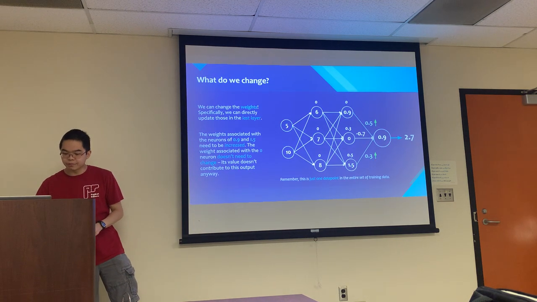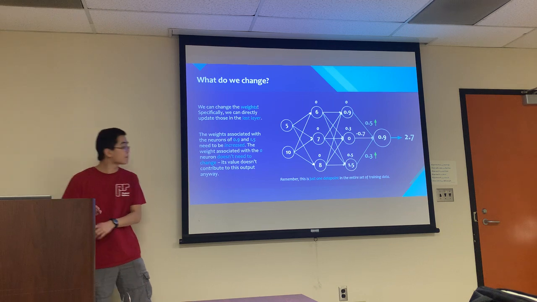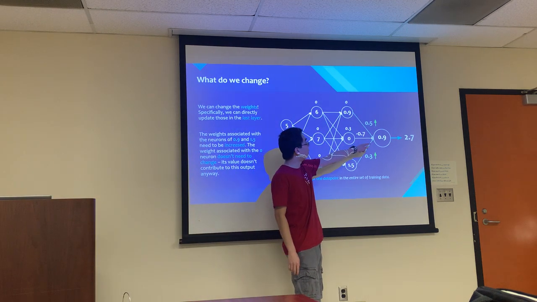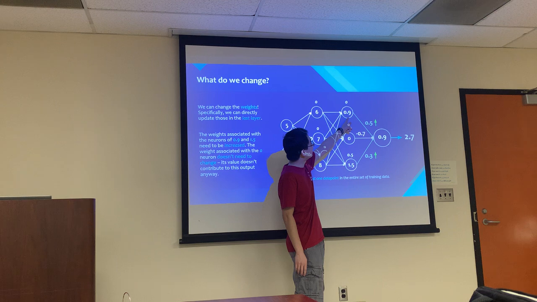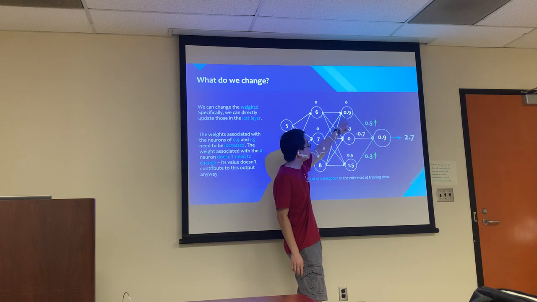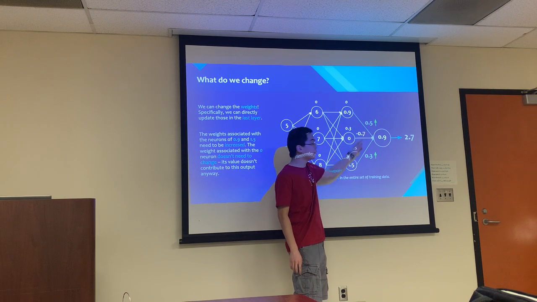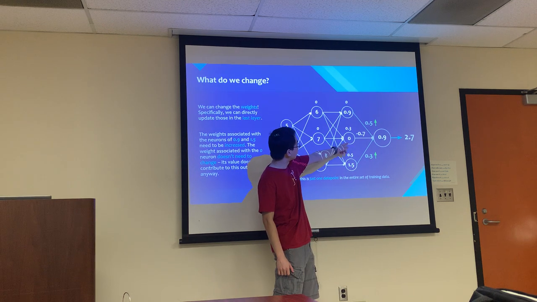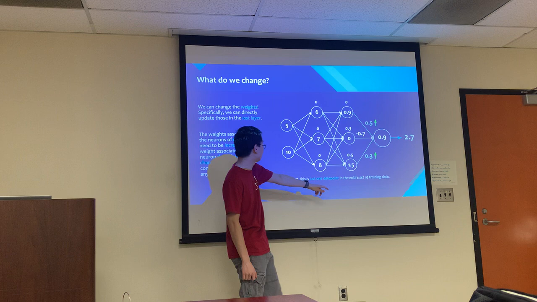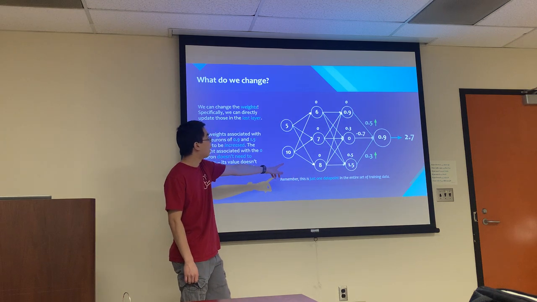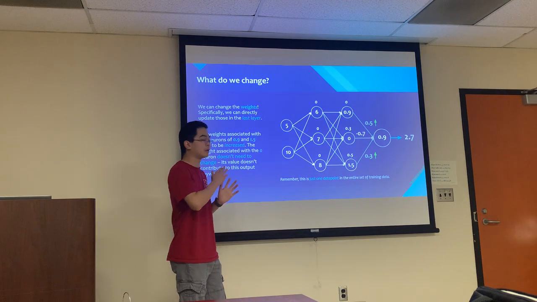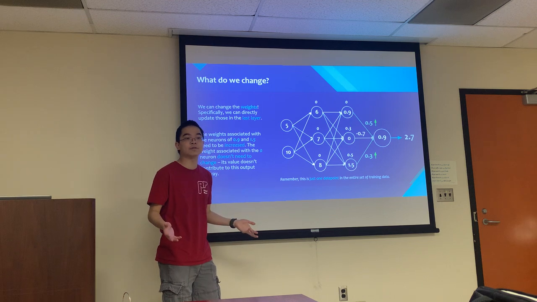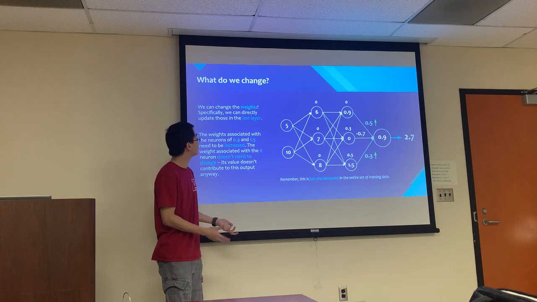So let's just talk about weights for a second, right? Okay, we need the number to be more positive. So wouldn't it make sense, for this 0.9, to increase the weight that's going to it, to increase the weight that's going to this one? And in this case, this is 0, so it's not actually contributing anything. But essentially what we want to do is increase the weights to adjust for loss, right? We talked about this in machine learning.